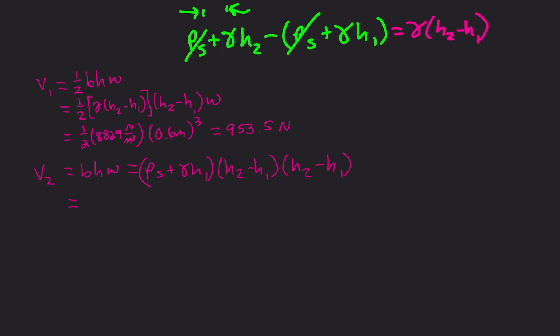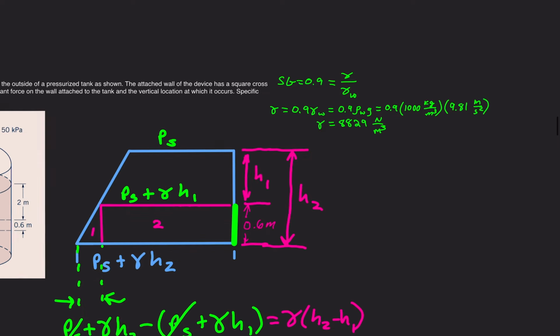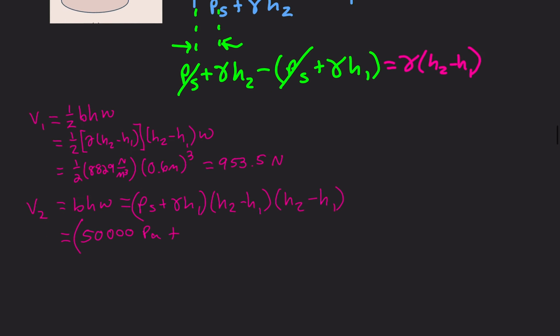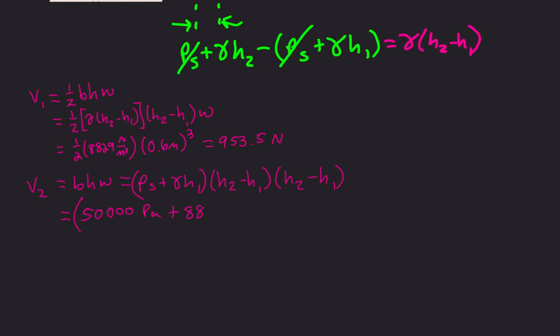So this is equal to 50,000 pascals plus the specific weight, 8829 newton per cubic meter, times 0.6 meters squared.